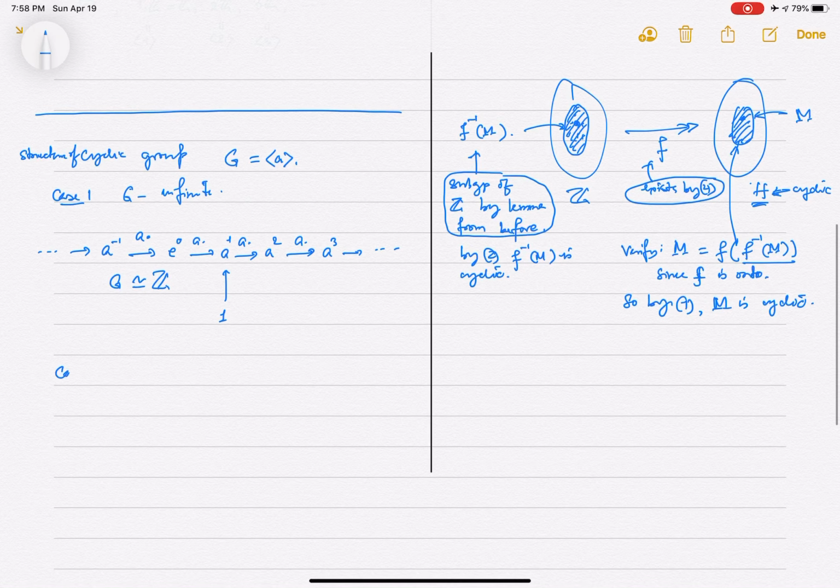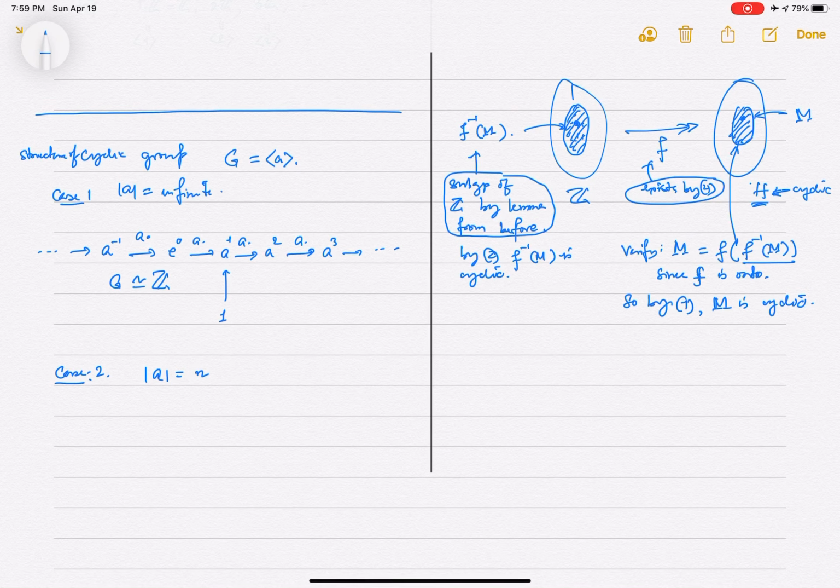And now case 2, let's say G has order n, meaning size n. Size of G is n. Size of a group is called the order of the group. Okay. In that case, I claim, or at least let's say this generator has order n. That we have defined already. Yeah, so here the generator had infinite order. In that case, G is infinite, in fact isomorphic to Z. And now let's assume that it has finite order n.